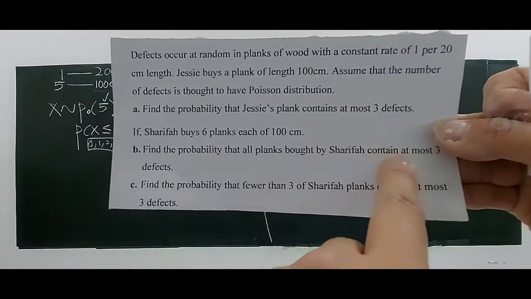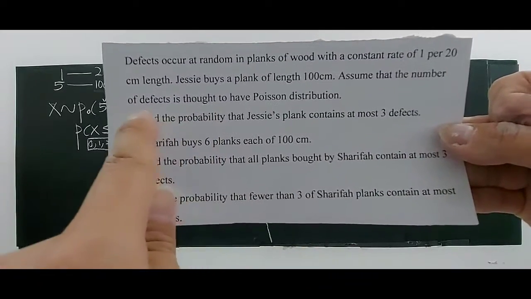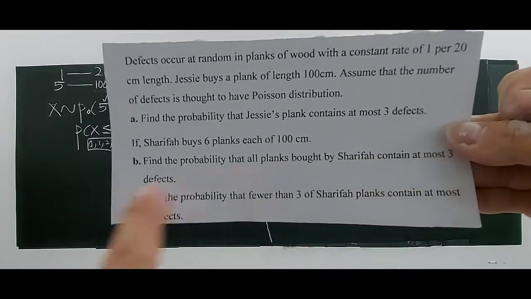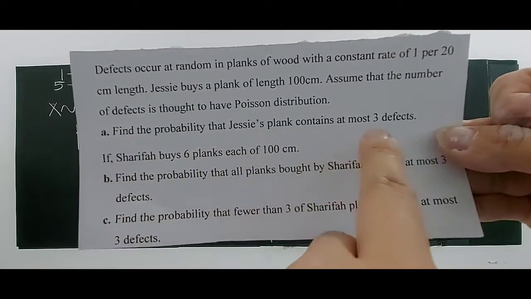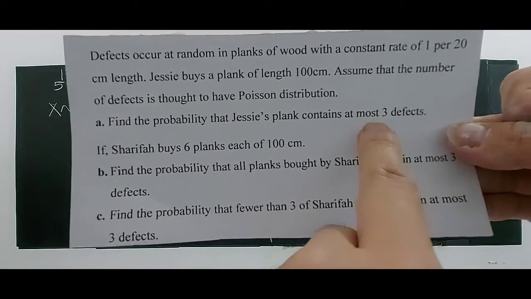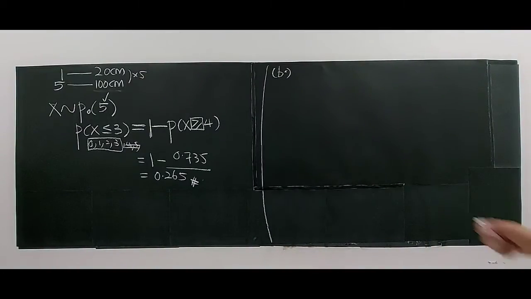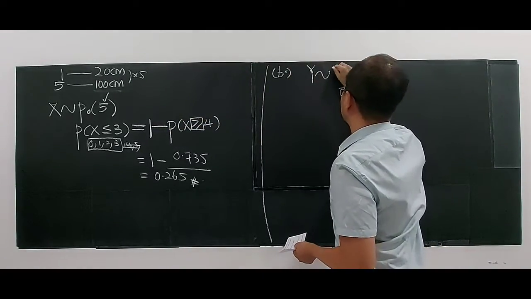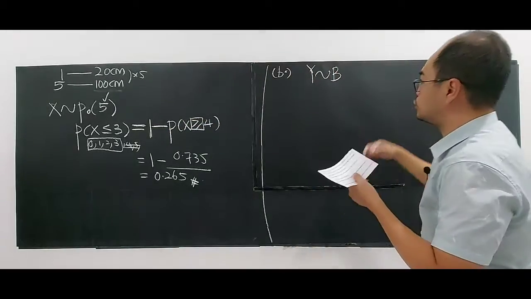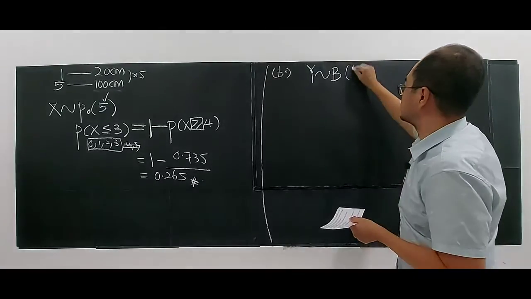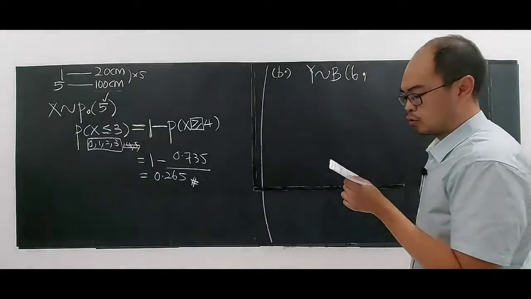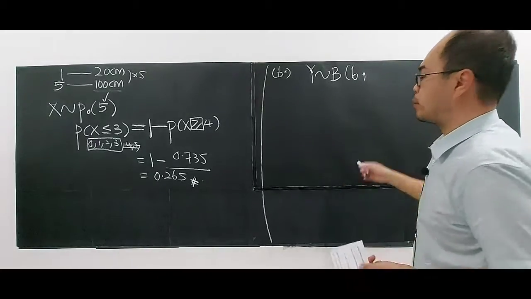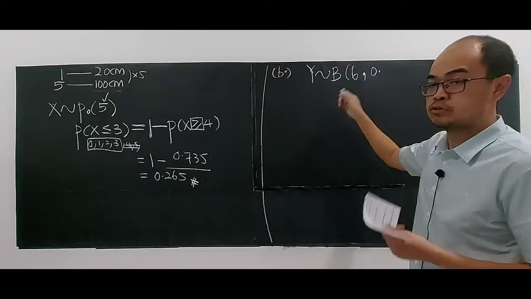You can get that probability from part A. Here I use X, here I use Y. Y is a binomial distribution with 6 planks.